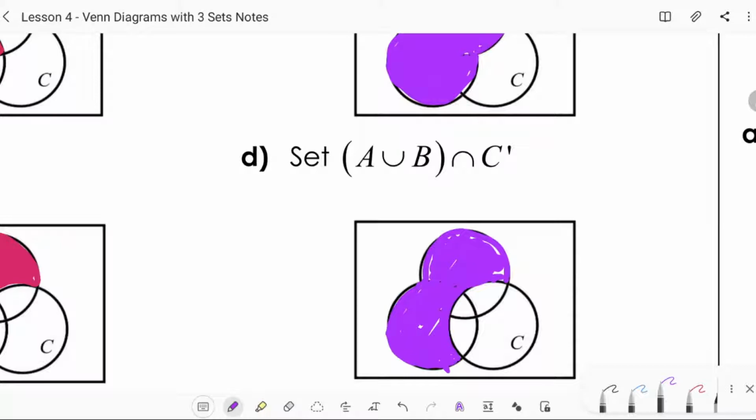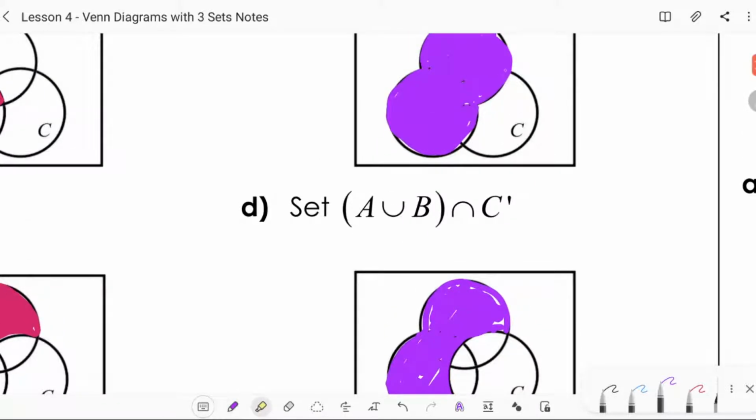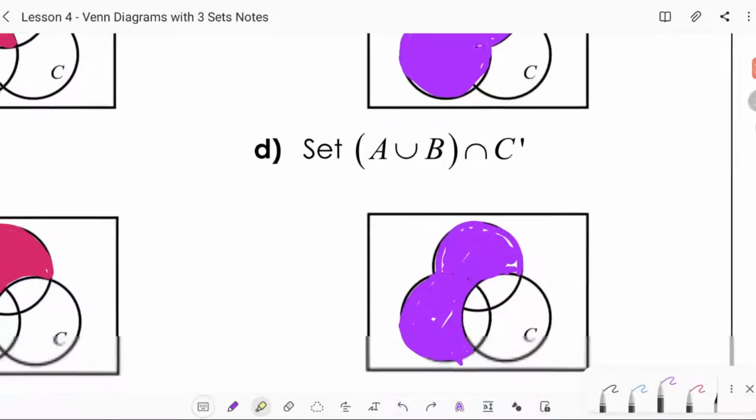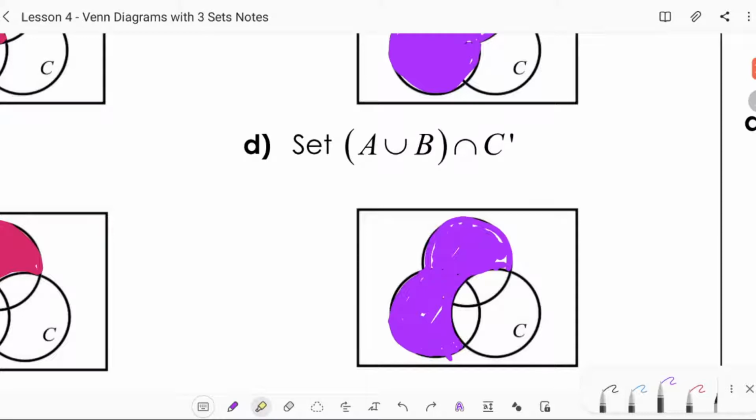Remember that intersection kind of becomes a "but" when we start to talk about not including things. It doesn't include those parts that, notice, we previously had up here, right, that overlapped. I can no longer include those because I cannot have anything that is part of set C, right? Everything has to be part of the complement of C only.